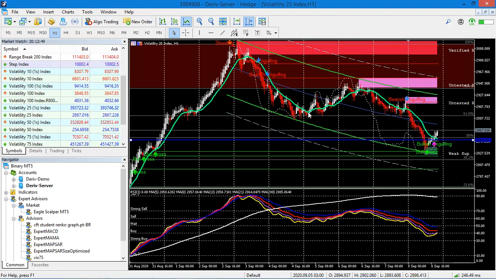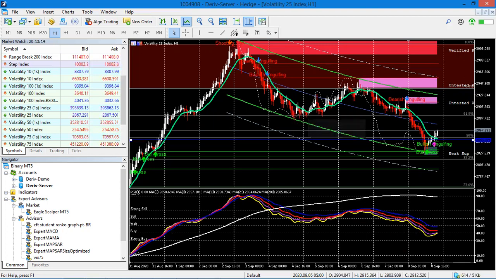Then we had this move. So what are you learning from the pattern of price? This move destroyed this trend, because this trend was moving down with lower highs and lower lows, but there was no momentum move to destroy it.